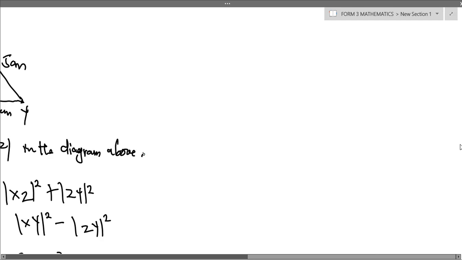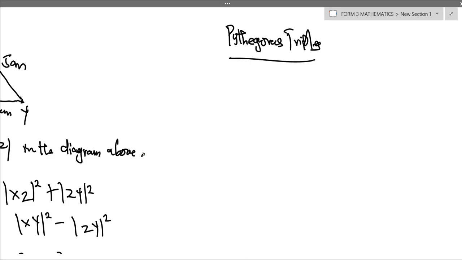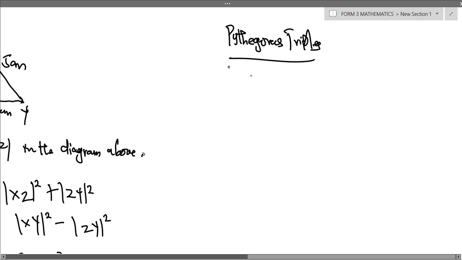We said examples of the triples we have are 3, 4, 5. This is the first set. We can also have 5, 12, 13.